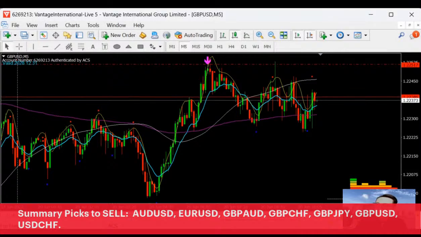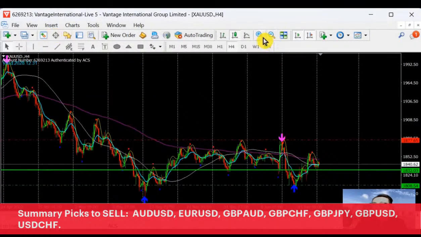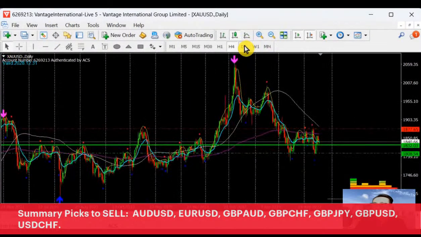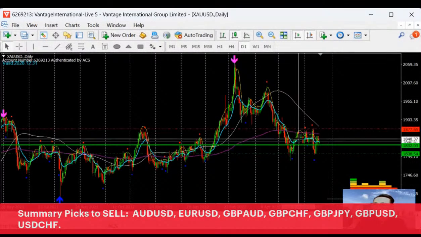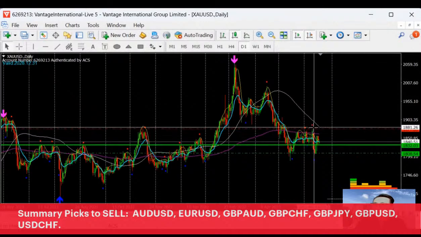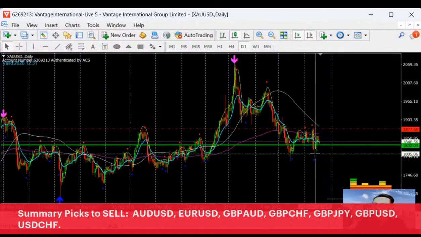Let's see, if you are talking about gold trading, looking at this gold, the whole of this gold is coming back for a retesting. Last week we were talking about this, where it will test the resistance and come back for a retesting.